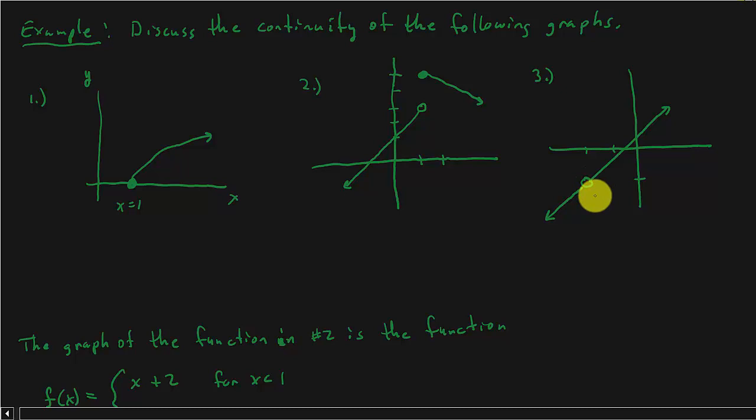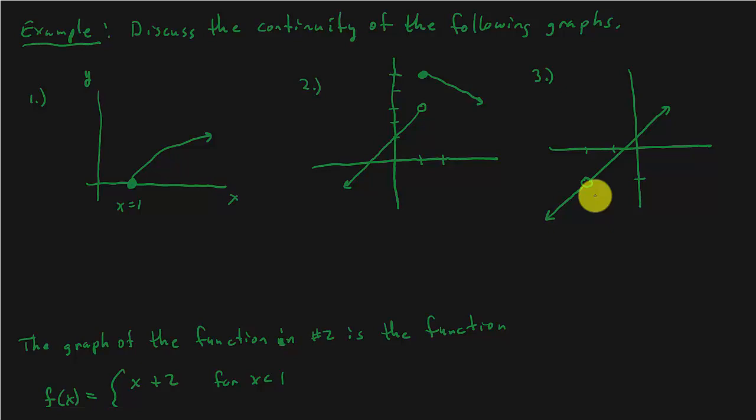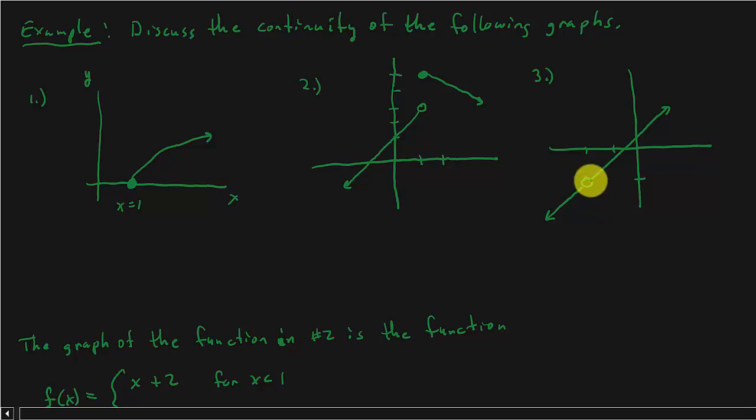But also keep in mind, just because it's defined at a number, let me say that again. It's not continuous here, and it's not defined here. But note over here on this one, it's not continuous at 1, but it is defined at 1. So that can happen.